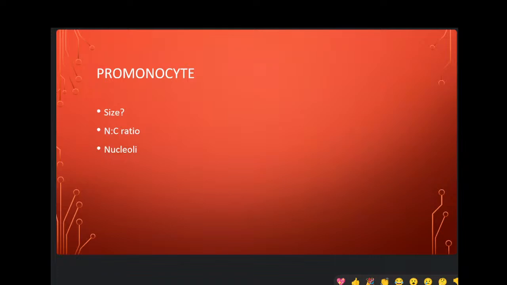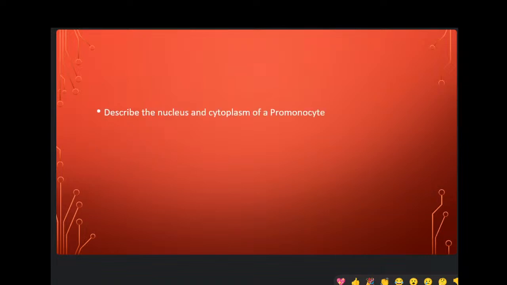And nucleoli present, there could be one or there could be none. And we have to describe also what the nucleus looks like. The nucleus of a promonocyte has irregular indented edges.